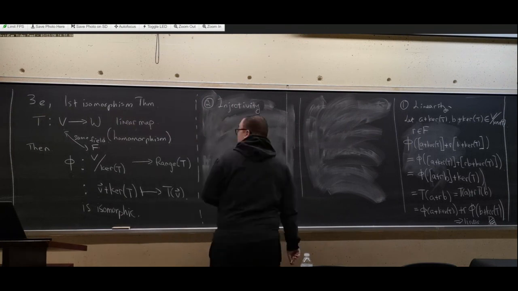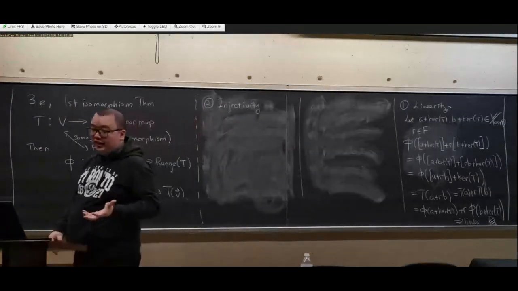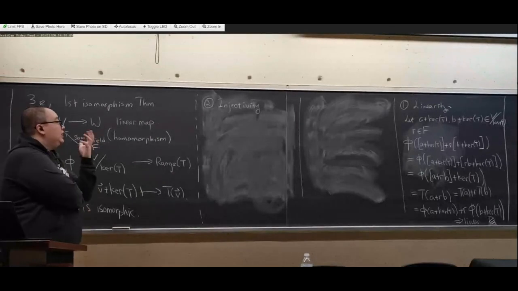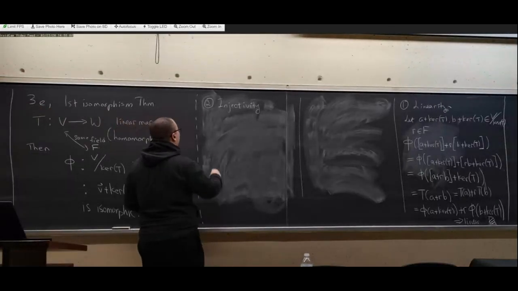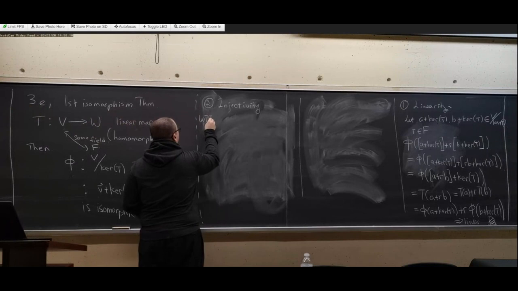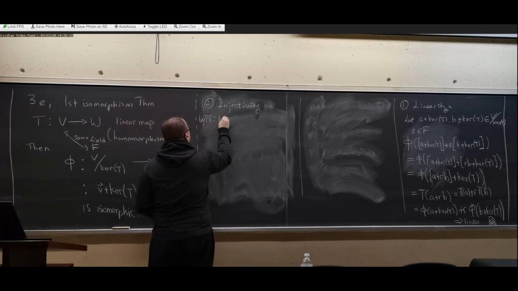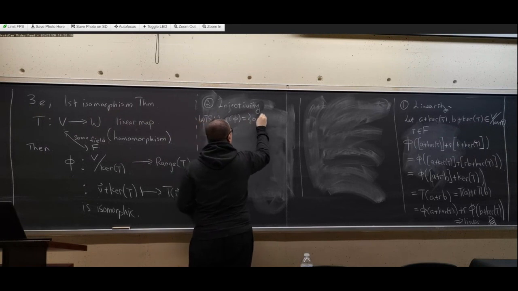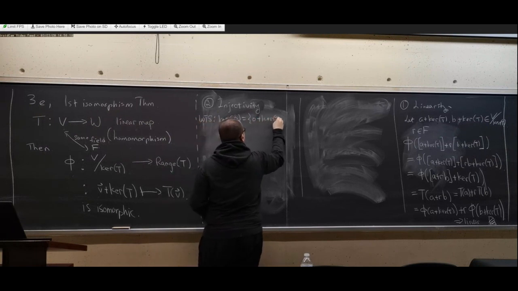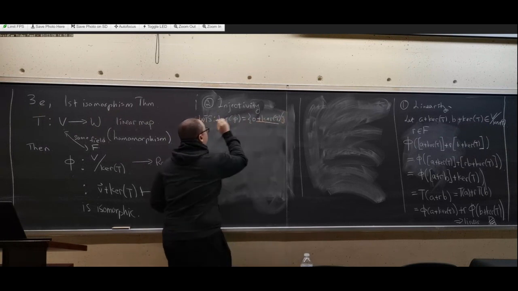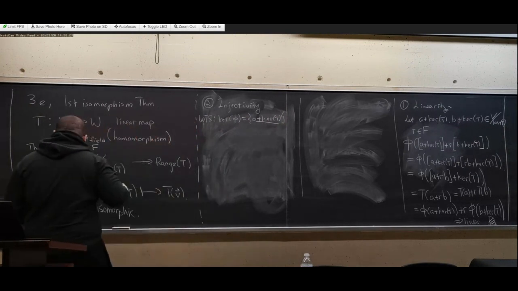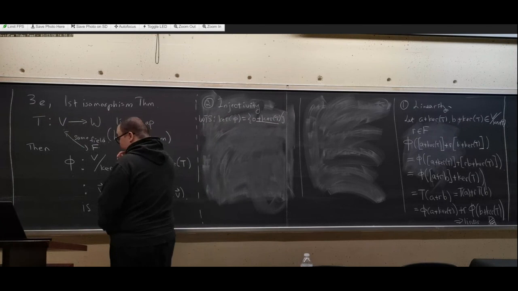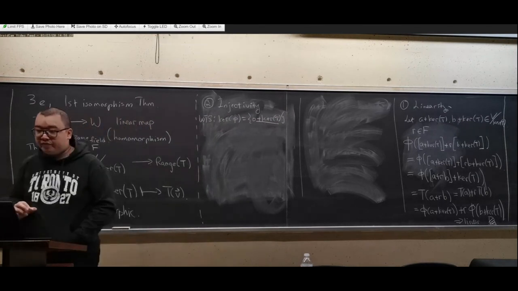So there are a couple of ways that I can go with proving injectivity. The easiest one to prove is we want to show that the kernel of phi contains only the zero element. So there's only one element that it contains, and it is a zero element. So this is what we want to show.